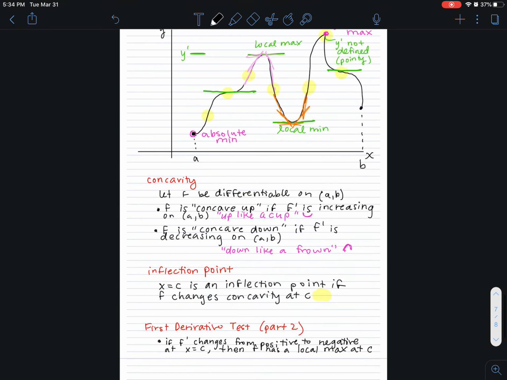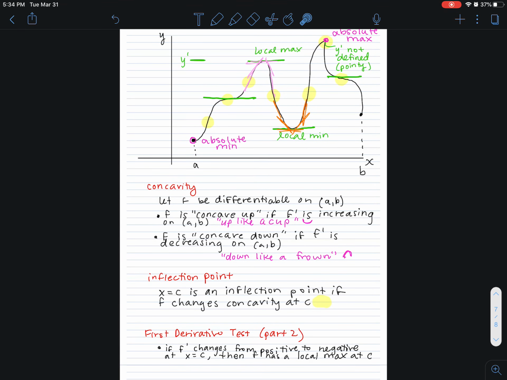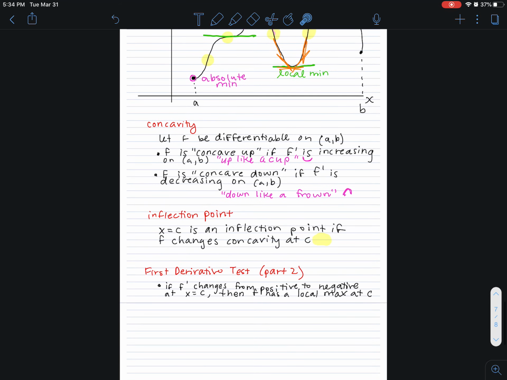at c. So if we look back up at our graph, that's what's happening here. We had f changing from positive, or sorry, the derivative, so f prime changing from positive to negative at this point here, which is our local maximum.